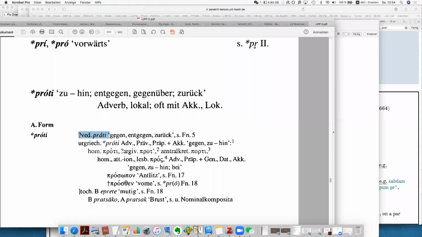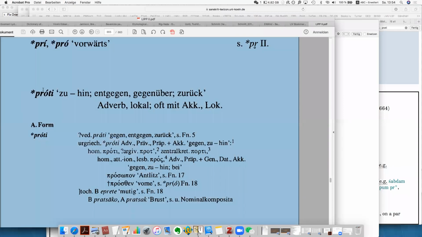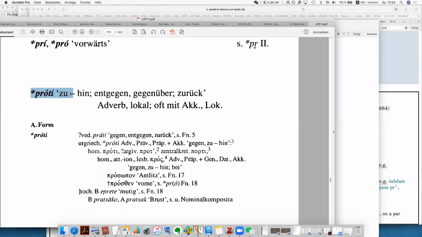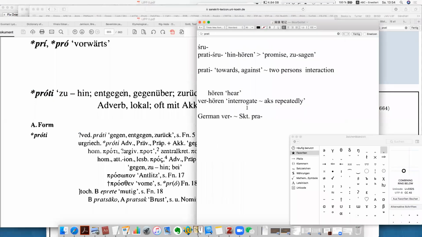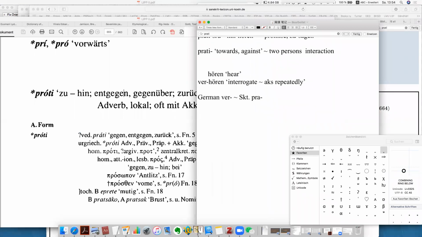So Sanskrit prati means against, and it comes from proti, right? And proti means to, towards, against, and pro and proti. So actually, in Proto-Indo-European, we have proti and pro.